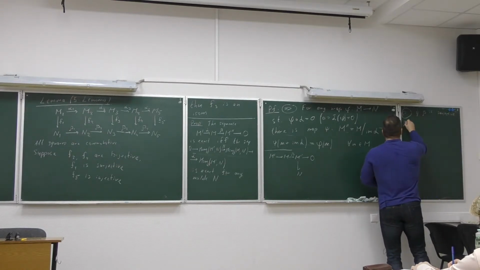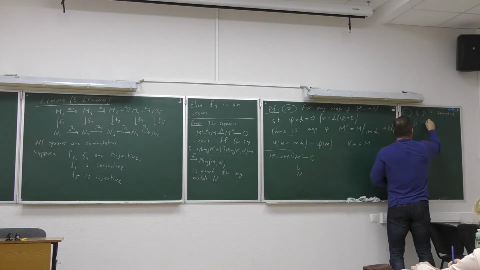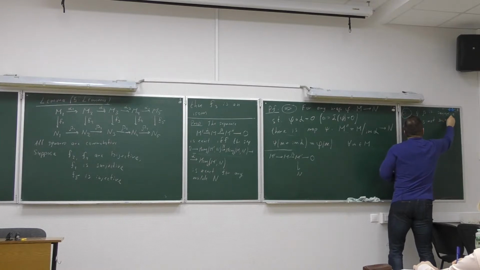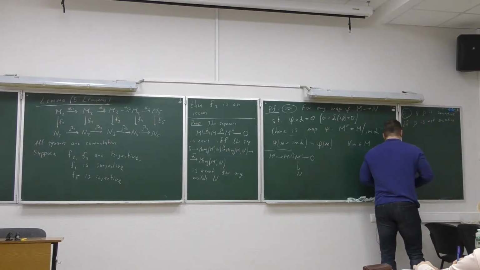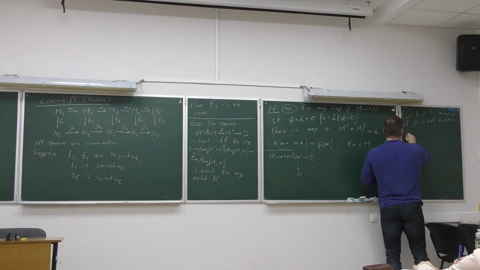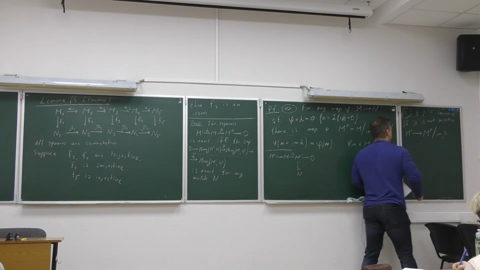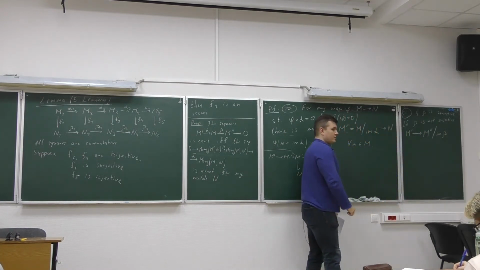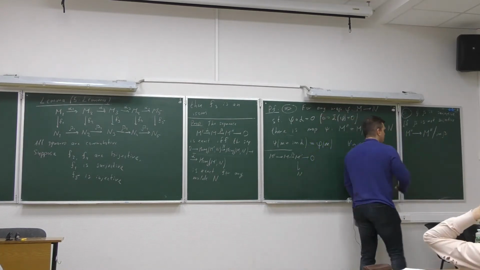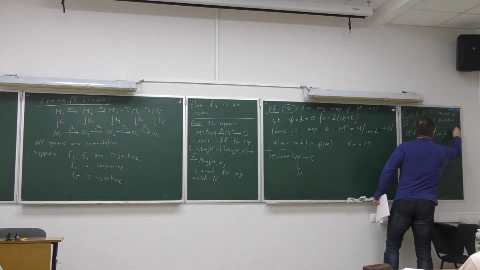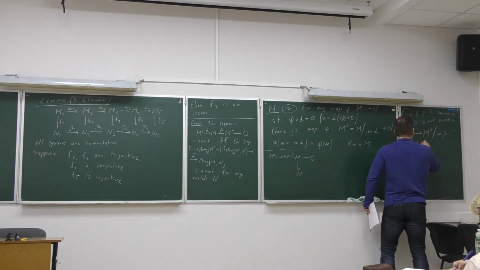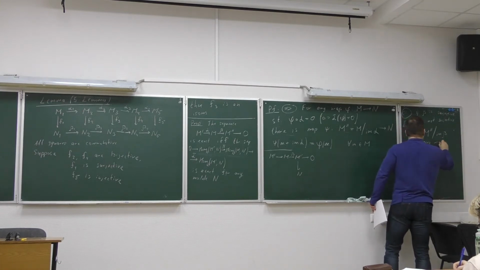Well, if beta is not surjective, it means that I can consider a map from the M double prime to the M double prime quotient by the image of beta. If beta is not surjective, then this map is not 0. Is not a 0 map.